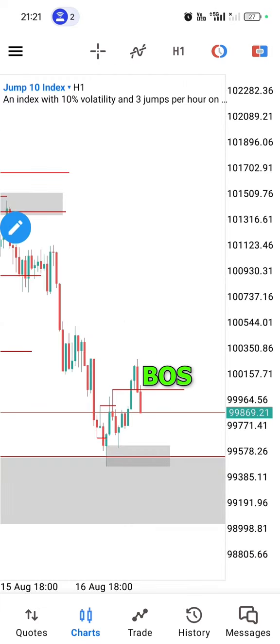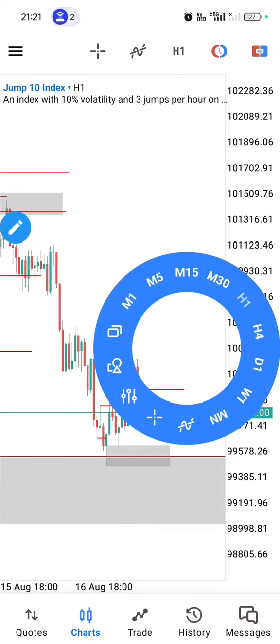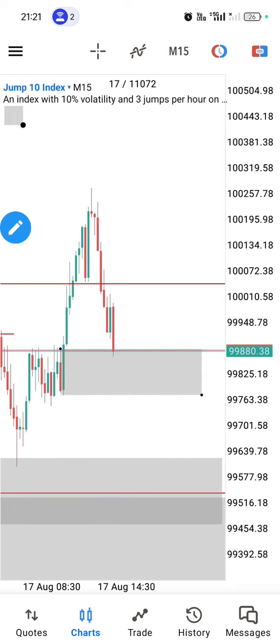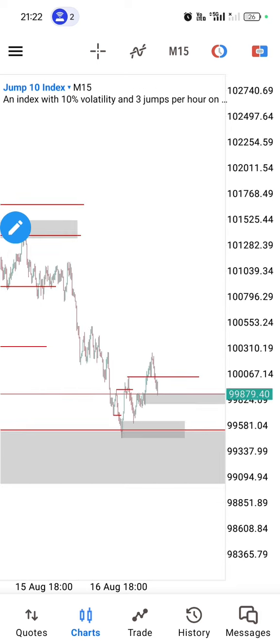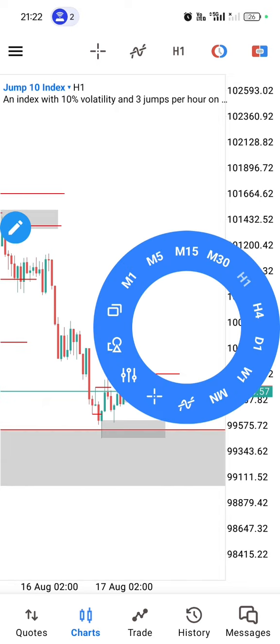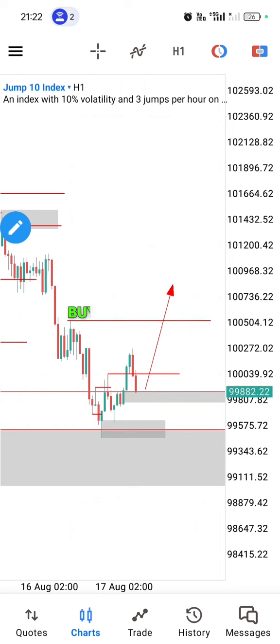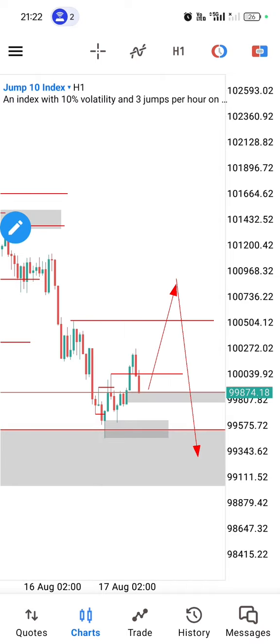So now it went up again to break structure, and we want to be buying at that 15-minute order block, or if I move to a higher time frame of the 1 hour, you can see that it's going to be our 30-minute, and we'll be buying to the buy side liquidity above that high. Now this is the frame for the buy.